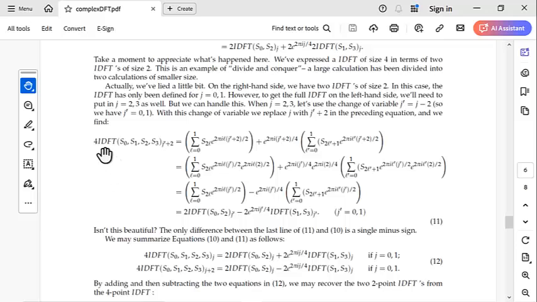I mentioned that we're trying to compute the DFT and not the IDFT. So why are we talking about the IDFT? Well, this IDFT is my original signal. Notice that here, this is the original signal. I've expressed it in terms of smaller IDFTs.